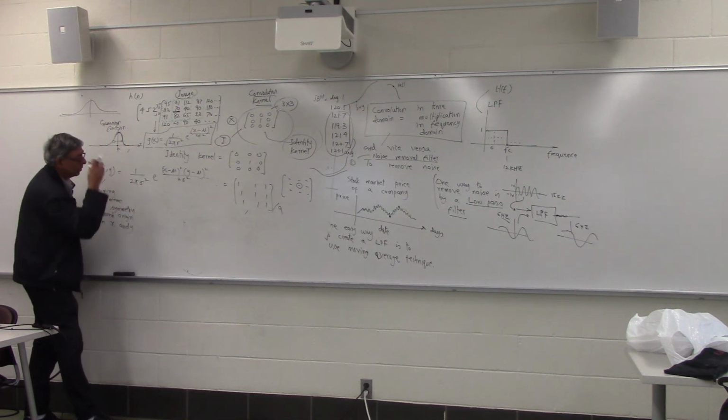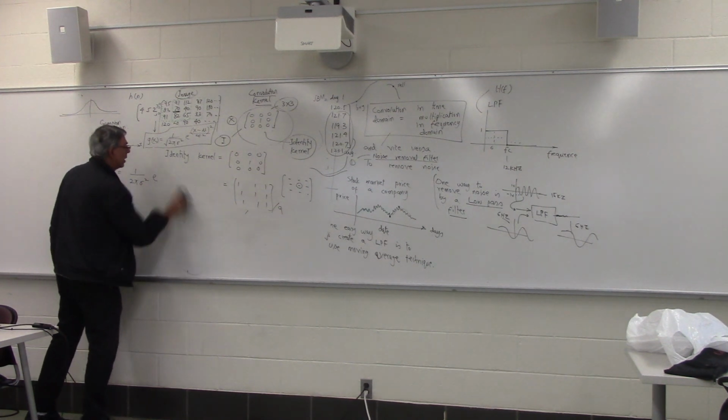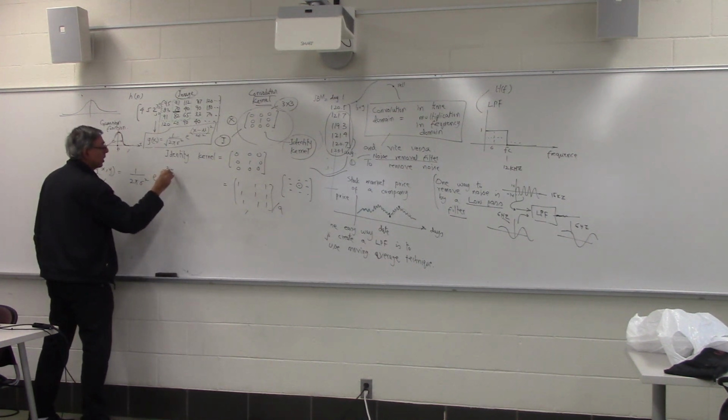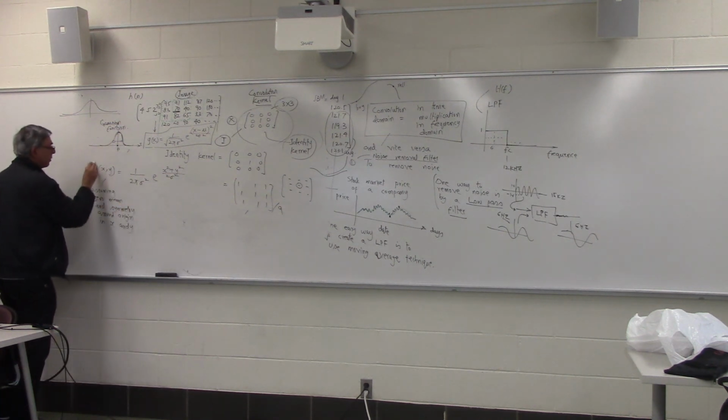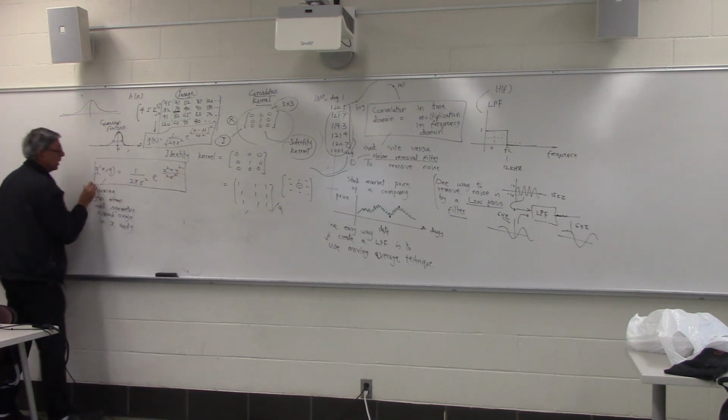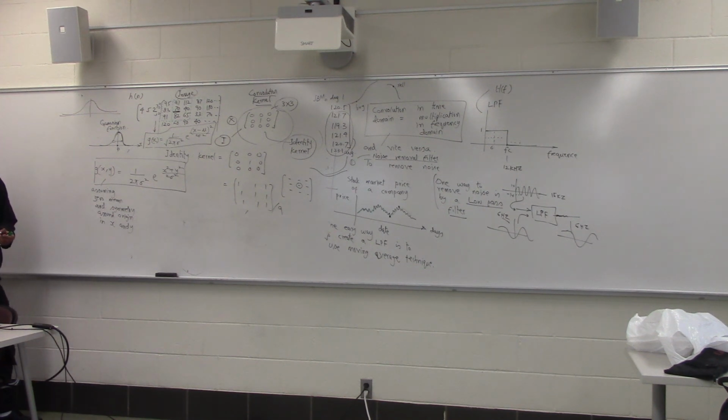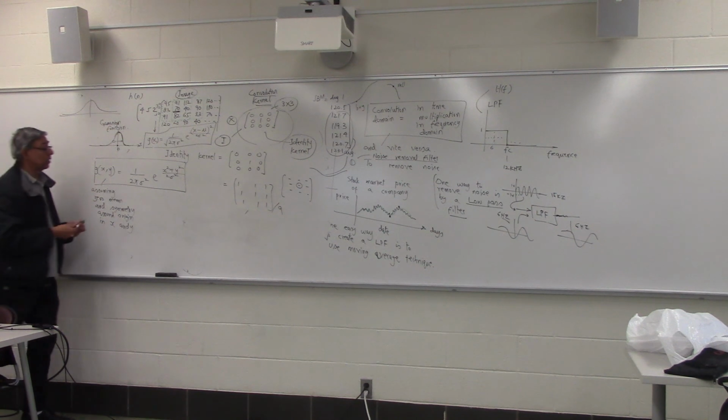So I think it would come out to be x squared plus y squared over 2 sigma squared. I'll double check that, but based on my memory, this is the equation for the two-dimensional Gaussian.